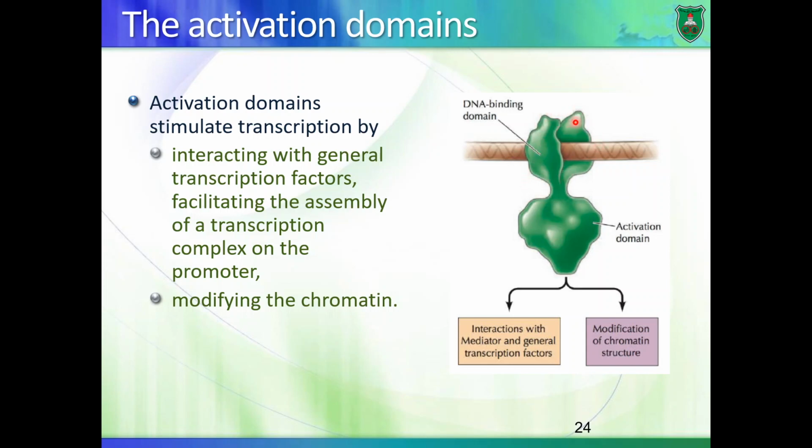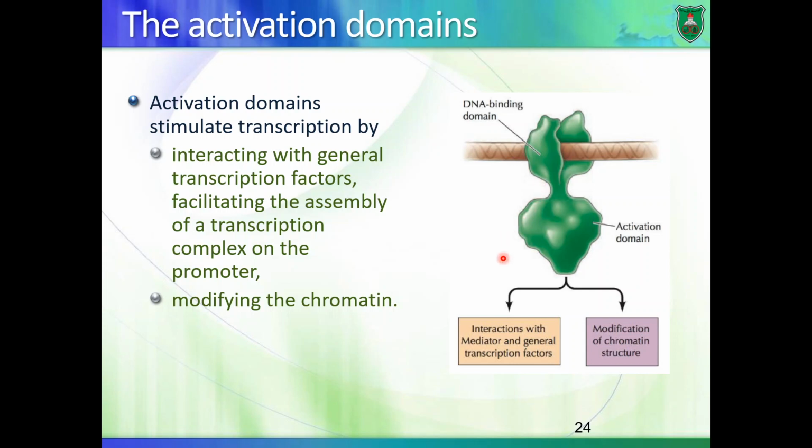This DNA binding domain brings the transcription factor to a specific sequence in DNA, and then the activation domain does whatever it does. That's how this would regulate the expression of a specific gene.